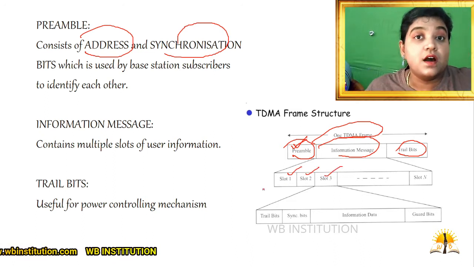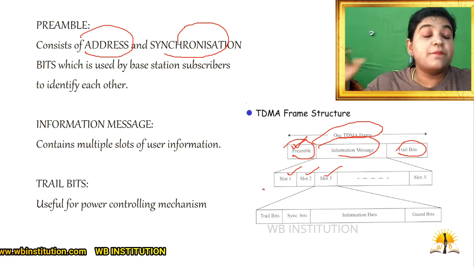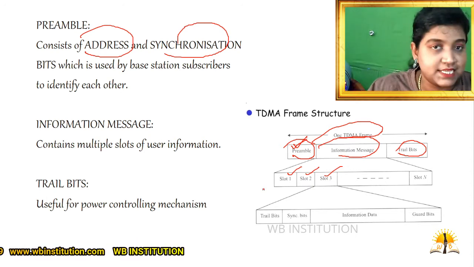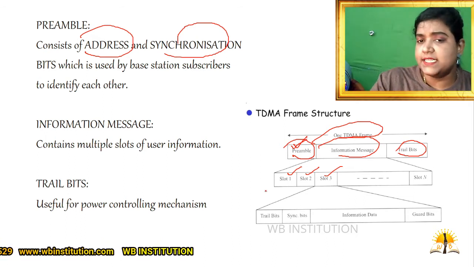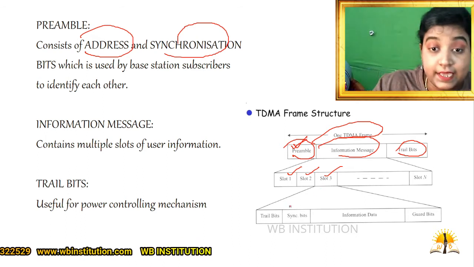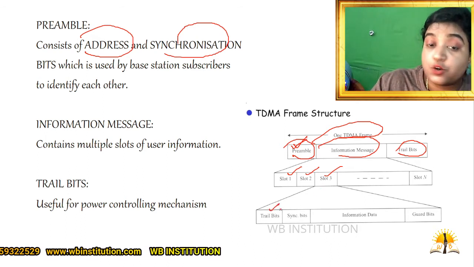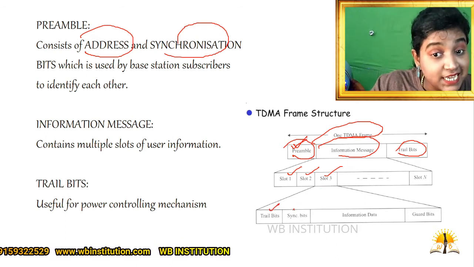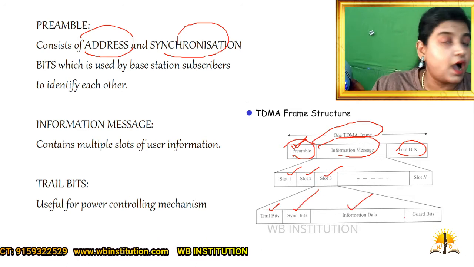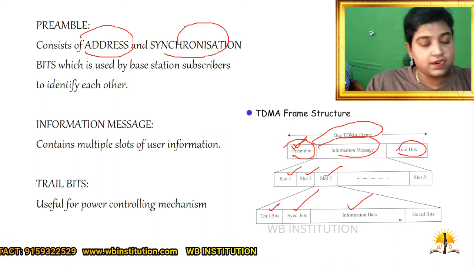Under these slots, the information provided by the entire set of users will be present in this information message. If I consider each block, each slot, separately, you will have trial bits, a synchronization bit, the information data and guard bits. Let me explain it separately.